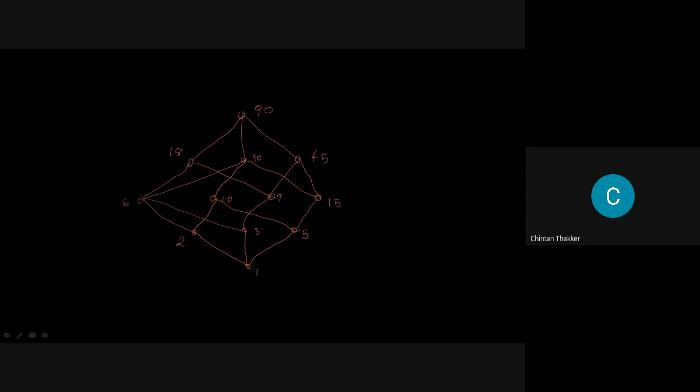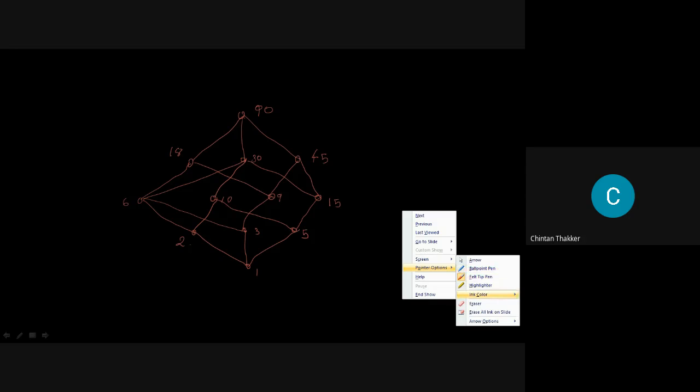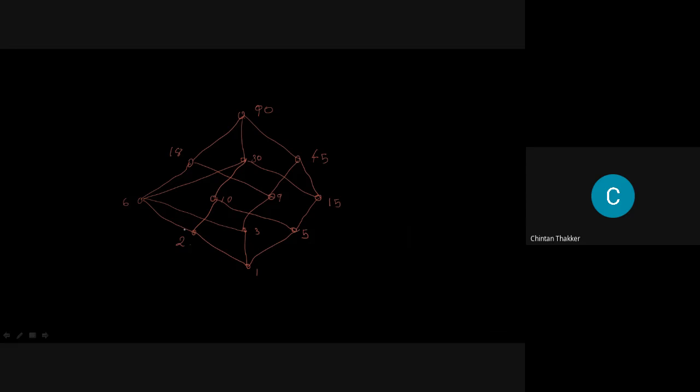Yes, so join irreducible elements are those with one line coming from the downward side. They are 2, 3, 5. Then 15 also.